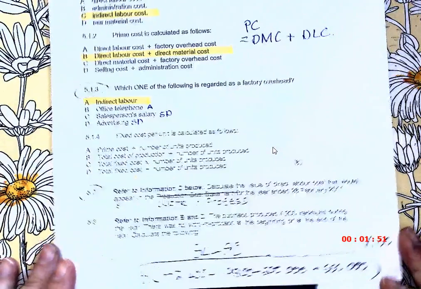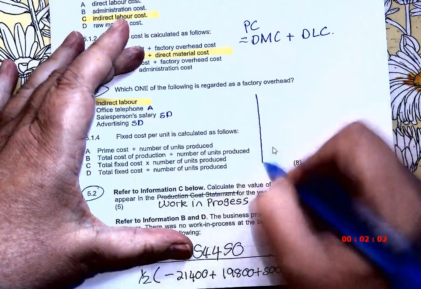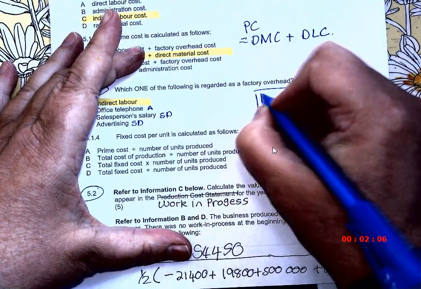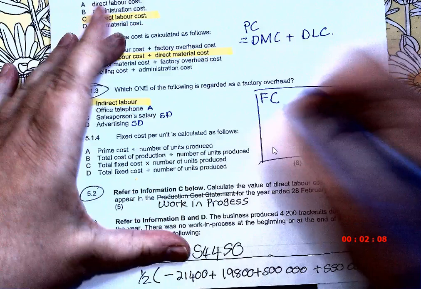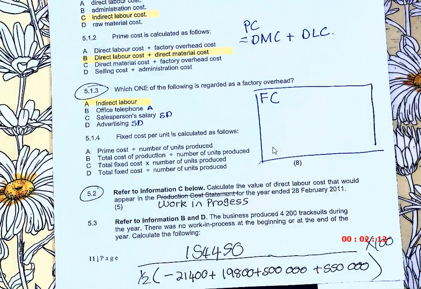Okay, number 5.1.4. I told you not to do it, but let me explain. I'm going to draw a little block here. Fixed cost is cost that's not determined by units.